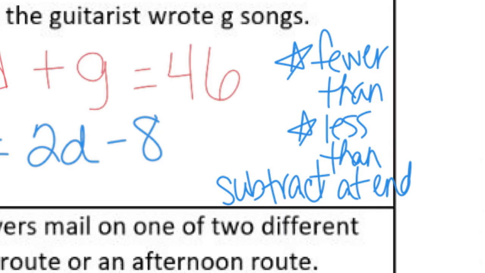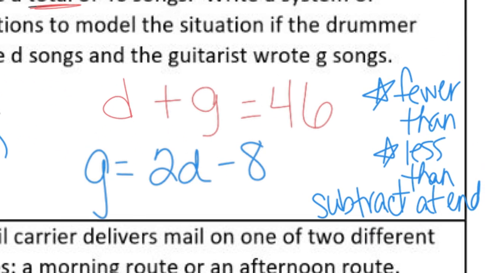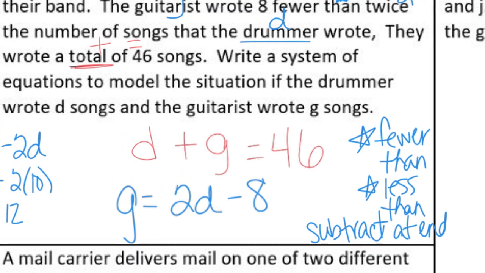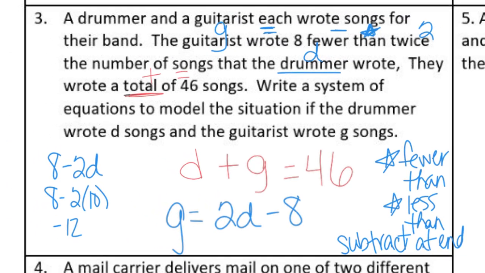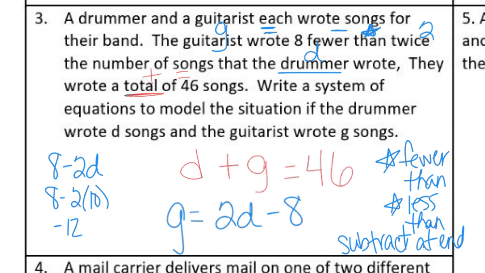So this one is super, super tricky, which is why I wanted to go over that one with you. So when you see fewer than or less than, even though it's written in the sentence, 8 and then twice the number of songs for the drummer, we have to put that 8 at the end of our equation.